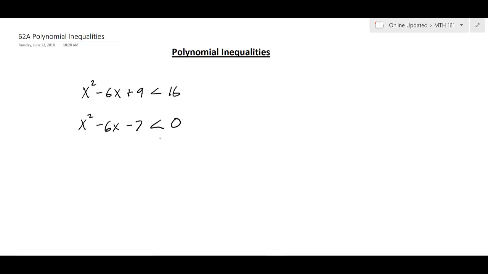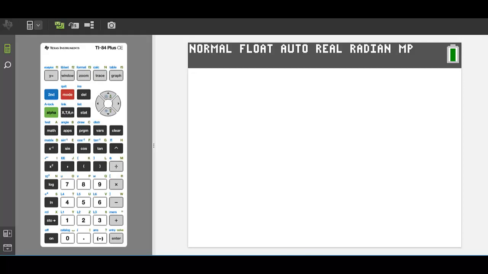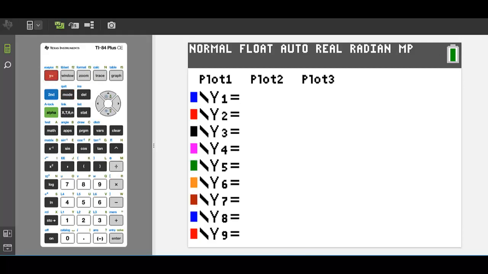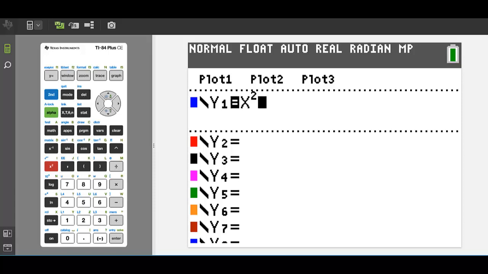Well, I'm going to start this a little differently. I'm going to look at the graph of this polynomial first and see if we can explain what we're going to do more algebraically. So if we go to the calculator, go to y equals, we can type in x squared minus 6x minus 7.